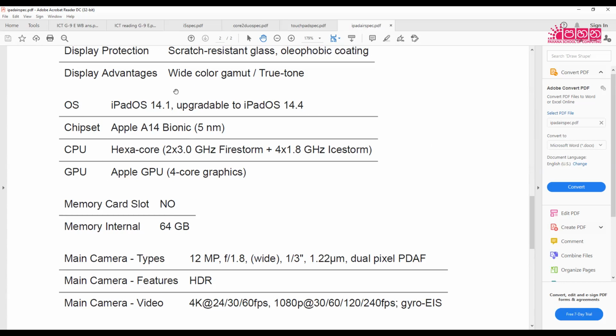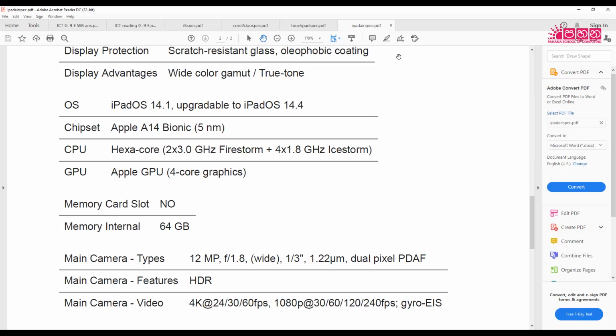So who's the manufacturer of this processor? Yes? iPad OS is the operating system. My question is about the processor. It's Apple, yes. Basically, it's an Apple processor.